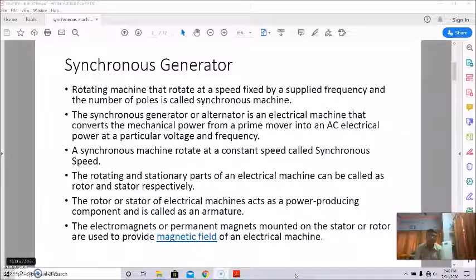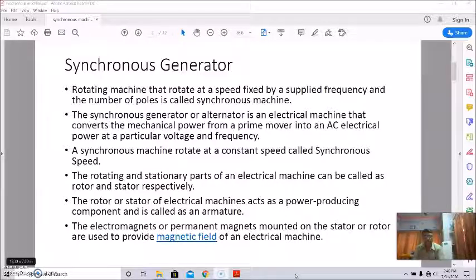The rotating and the stationary parts of electrical machines are called the rotor and stator respectively. The rotor is the rotating part, and the stationary part is the stator. The rotor or stator of an electrical machine that acts as the power producing component is called the armature.